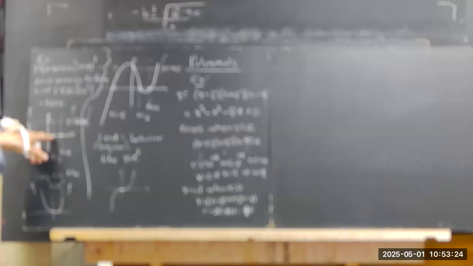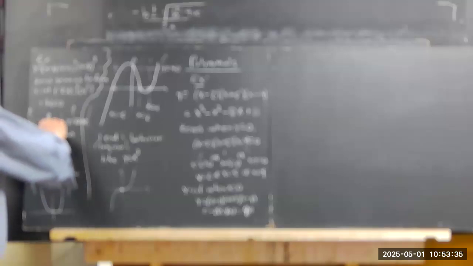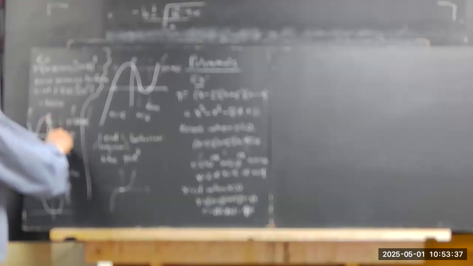Then it's going to go to x equals 2. Well, at x equals 2, we have x minus 2. So close to this point, this looks like a multiple of x minus 2. So we're going to go straight down through here.